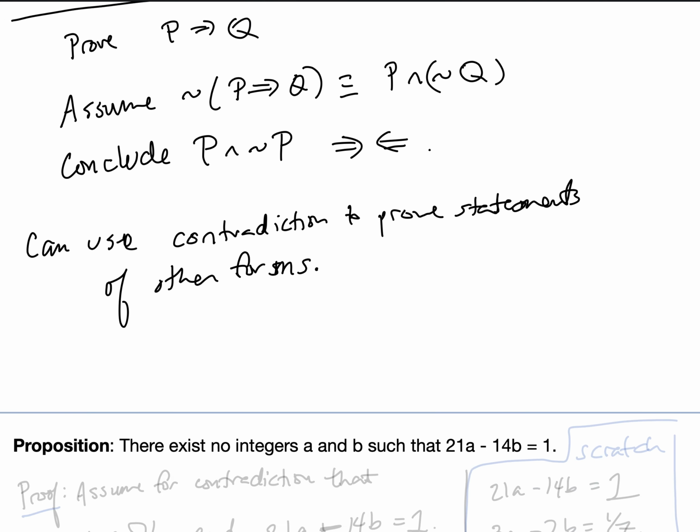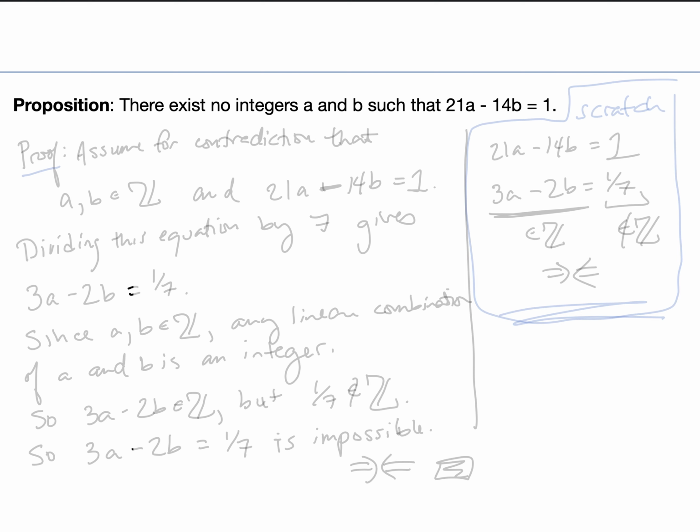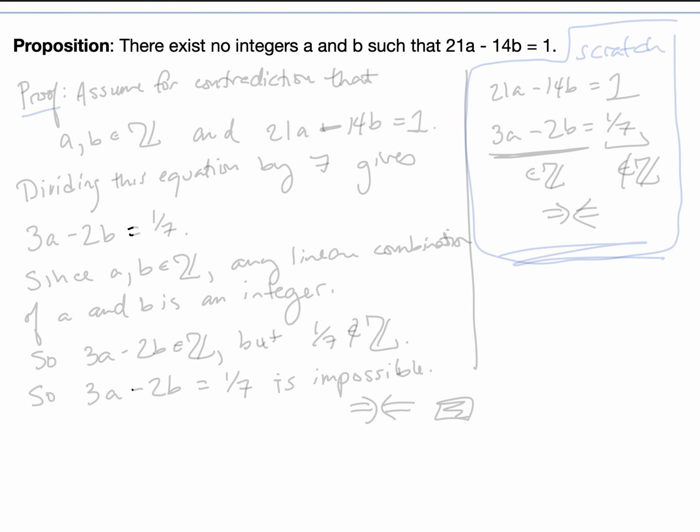Let's try to prove this proposition that there exist no integers a and b such that 21a minus 14b is equal to 1. All right, so proof, we want to assume for contradiction the negation of the original statement. So let's just see what that is over on the side.